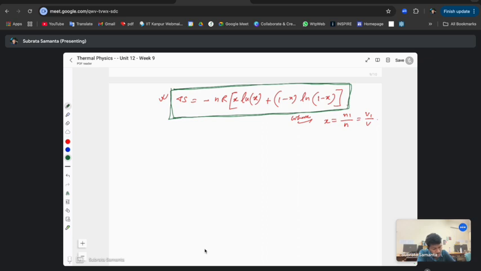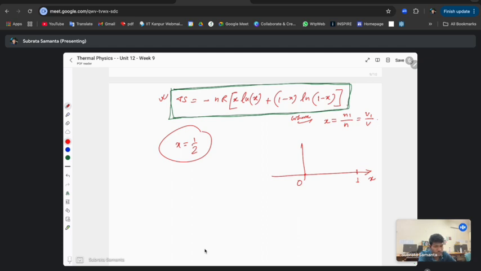So there is a special case when x equals half. That means both are the same, A and B, and then the entropy is maximum. If we plot this, x can have a maximum value of 1 and a minimum of 0.